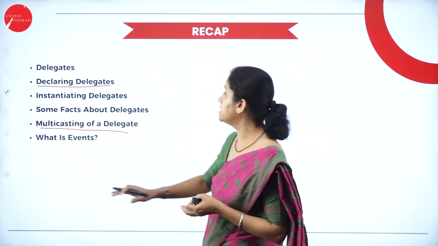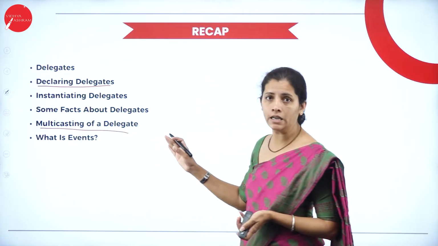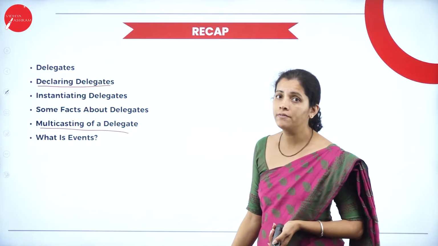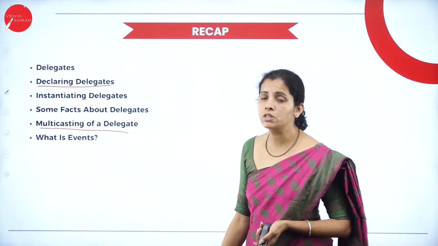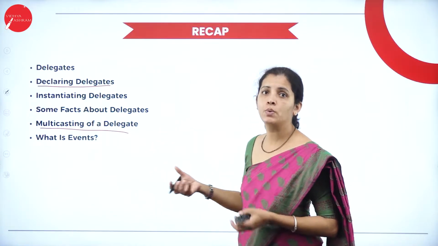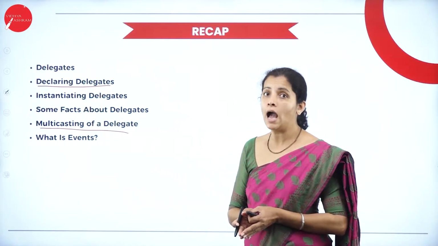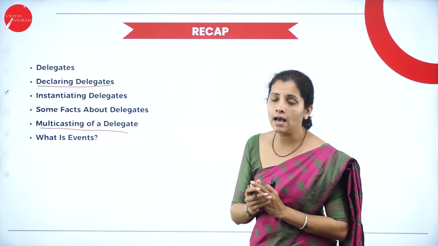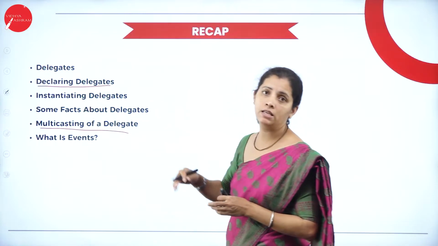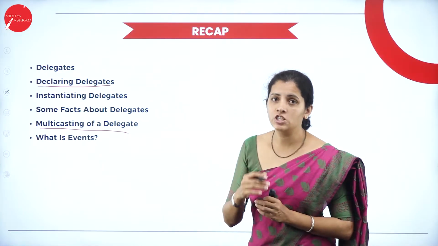That is nothing but the multicasting of a delegate, along with events. So what is an event here? That is nothing but the user action. To handle the user action, we require a handler that is known as an event handler. These are the topics I discussed in my last session.